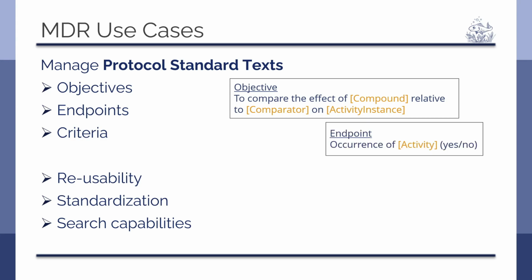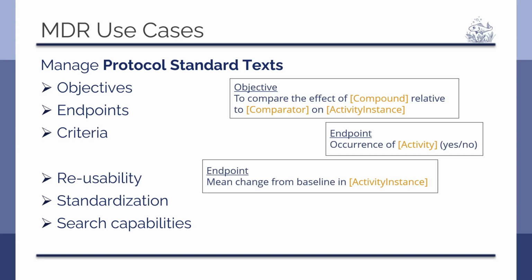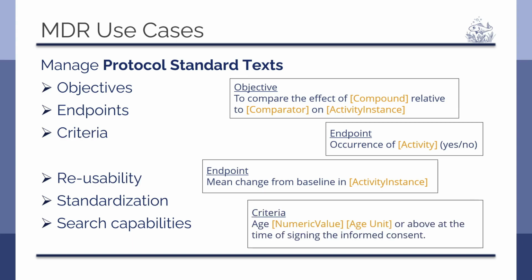And the same we have for endpoints. So for example, occurrence of activity, no, yes. Or an endpoint like the mean change from baseline in activity instance. I mean, this is a typical endpoint, but there could be various activities where this applies. And also for criteria, like you want to have your age or above, and so on, what's your age group.